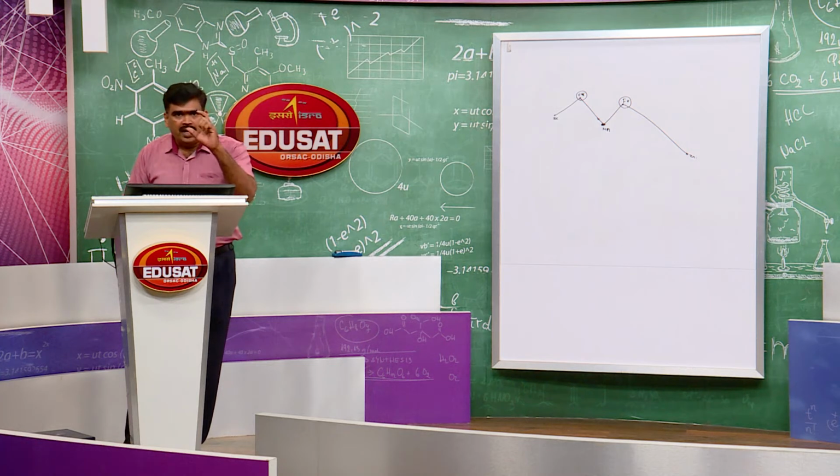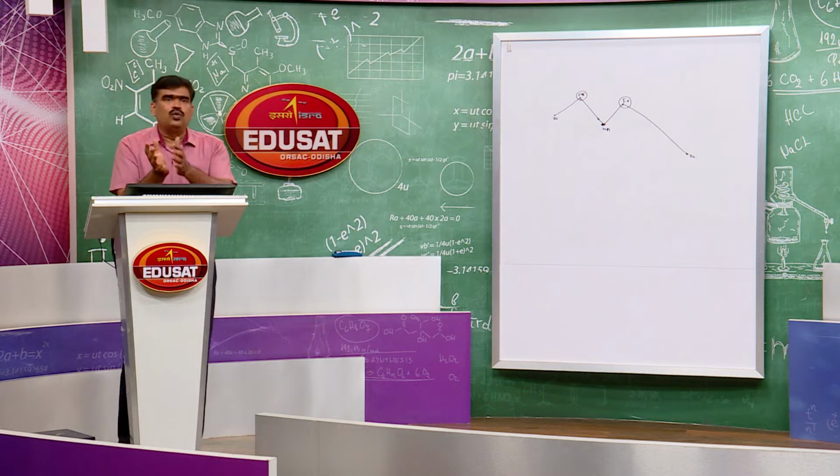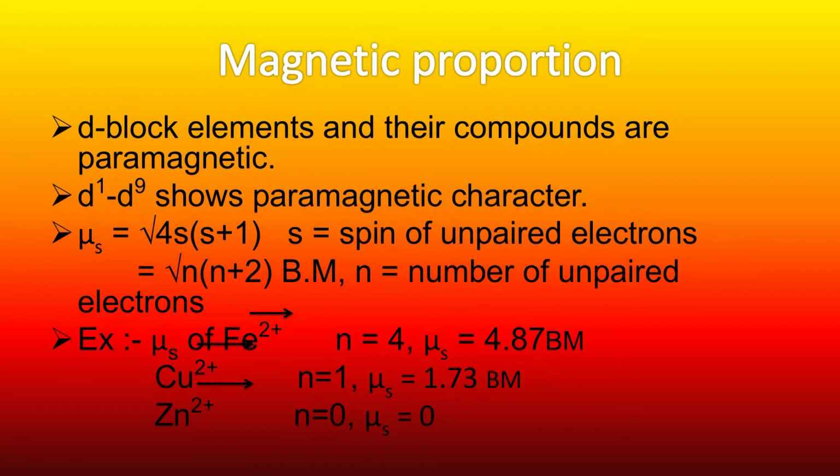Suppose one electron remains unpaired. You know, an electron has two kinds of motion. Around the nucleus it has orbital motion. Because of orbital motion, it creates a magnetic field, and that magnetic field has a magnetic moment called the orbital magnetic moment.